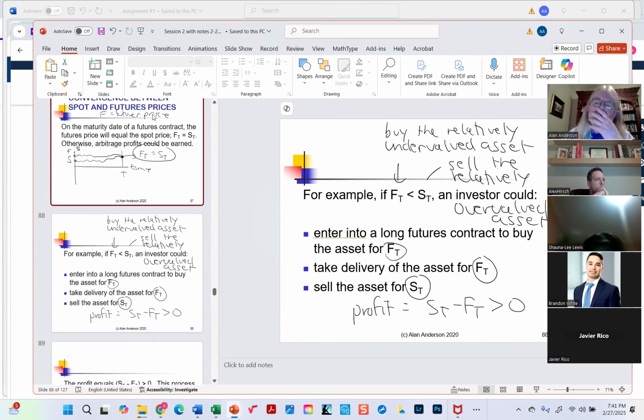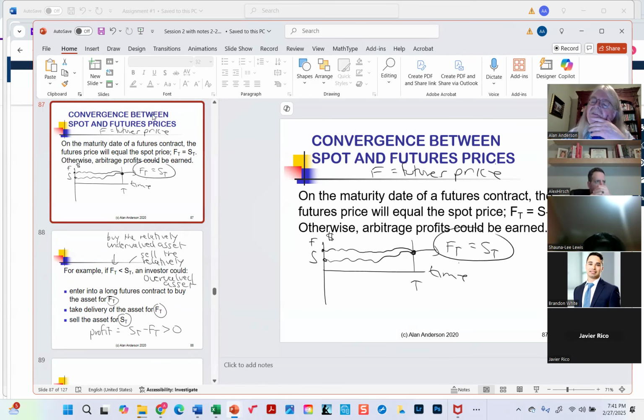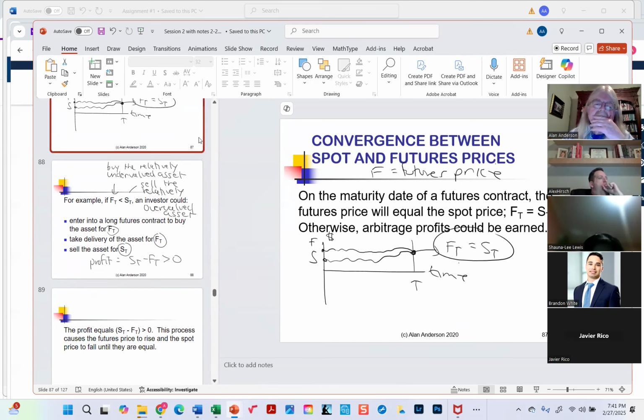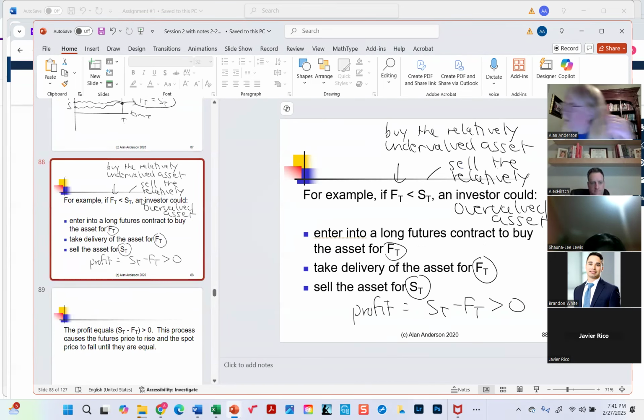Now, the way you normally explain arbitrage is to say, what would happen if this is not true? There are only two other things that can be true: F is less than S, or F is greater than S. So let's say that for some bizarre reason we end up with something like this. Here's S, and here's F. Well, here's what you could do.